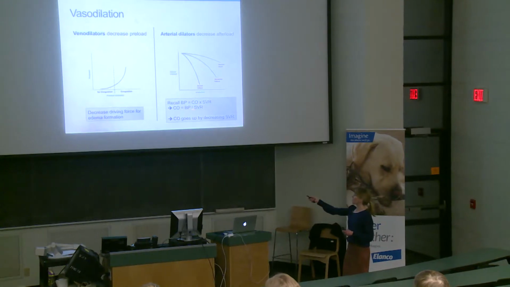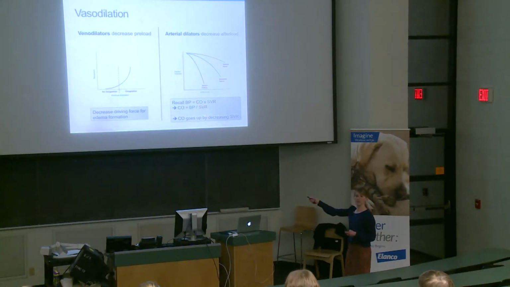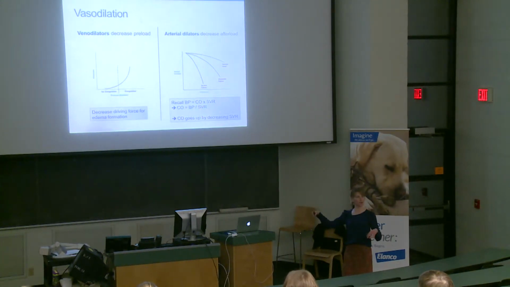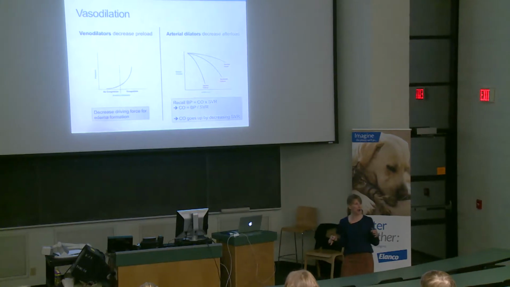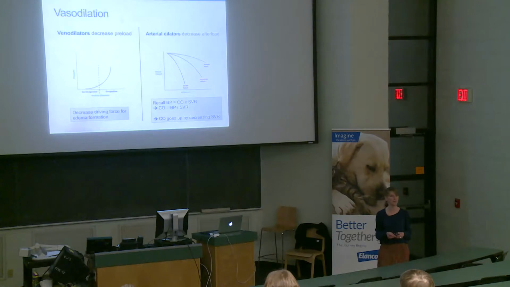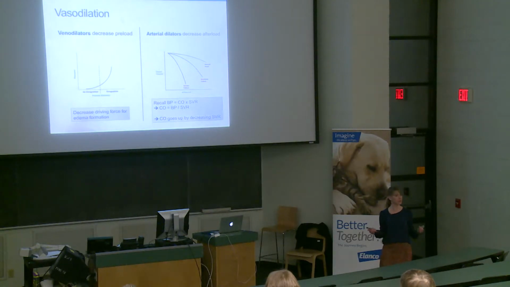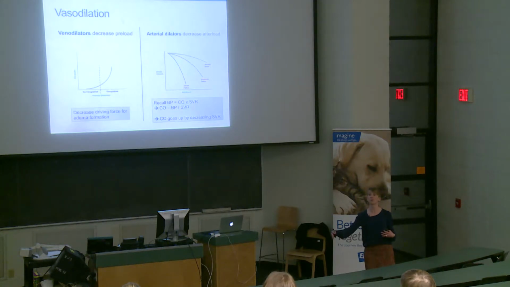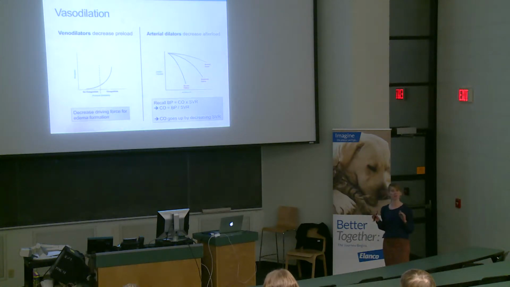Anything that drops our systemic vascular resistance, because it's in the denominator, should make cardiac output go up, so long as we are not simultaneously making them hypotensive, that is, dropping our blood pressure profoundly. But in theory, if we decrease resistance, we should increase cardiac output and either maintain or maybe even improve blood pressure. That's what we're trying to do with our afterload reduction, or our arterial dilators.